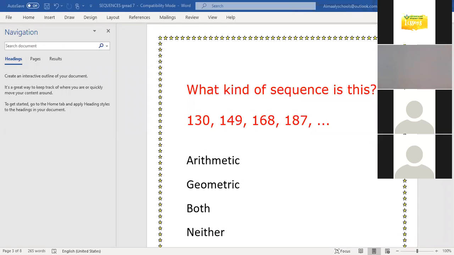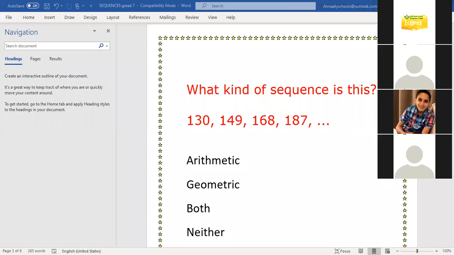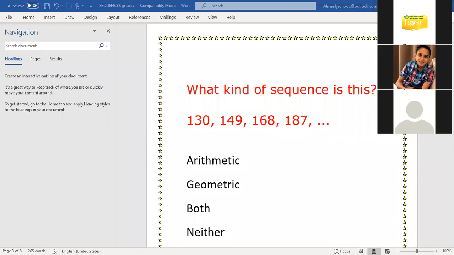Answer. 130, yes. 130 is the first term. Now we know that, number one, the type of the sequence is arithmetic. Number two, we know that the constant difference is 19.